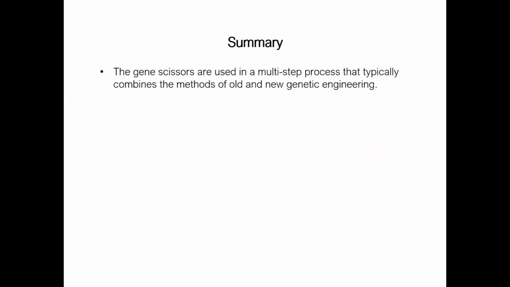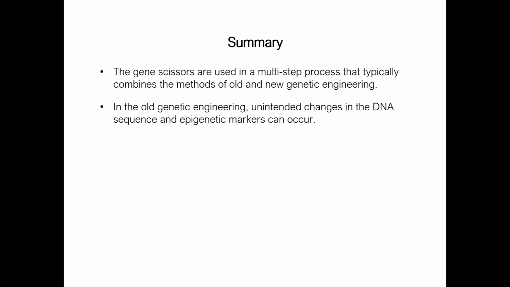In this video, I showed you that the gene scissors are used in a multi-step process that typically combines the methods of old and new genetic engineering. Unintended changes can occur during these processes. With the old genetic engineering, unintended changes in the DNA sequence and epigenetic marker can occur.